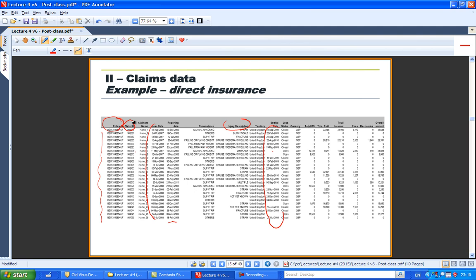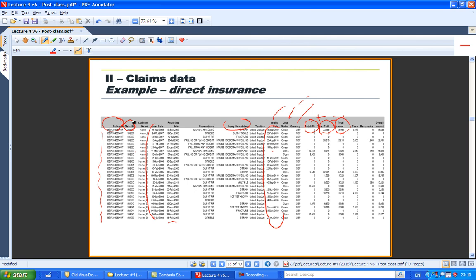But sometimes you will not have the settle date, but you might have the loss status, and you can use that in your calculations. The currency in which the claims have been made, and then the total outstanding amount, so in this case which is settled, so there's no outstanding amount. The total paid is 33,000. The total incurred, which is this plus this, of course equal to the total paid.